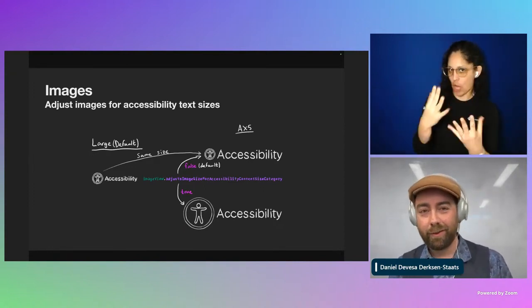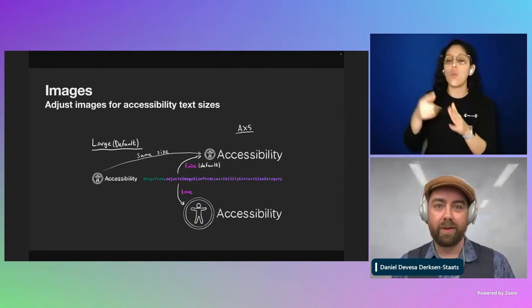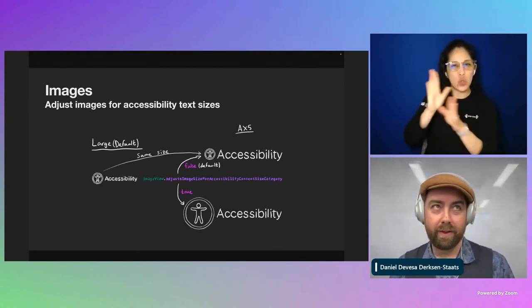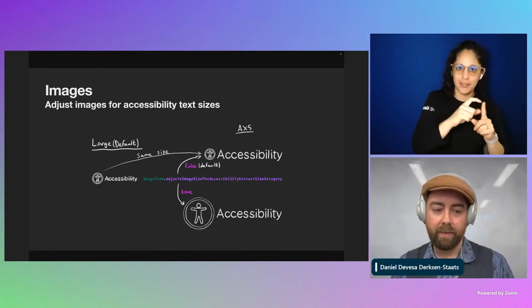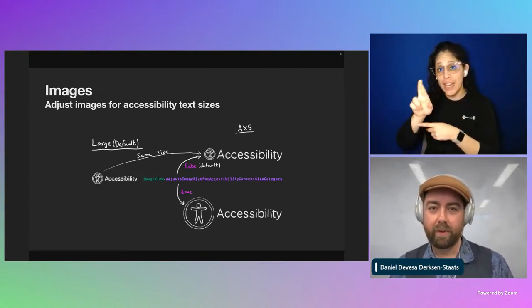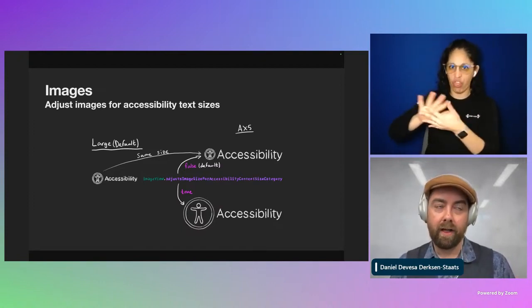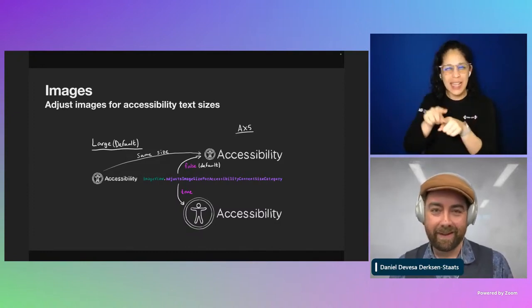And if you set that to true, it will automatically scale the image for you when the user decides to use a larger text size. Now, it's important to know as well that it needs to be an image where you keep the vector data. Otherwise, if you use a PNG, it's going to look a bit blurry. And that's provided in iOS, like the format is PDF. It's a bit weird, but yeah, that's how it is.